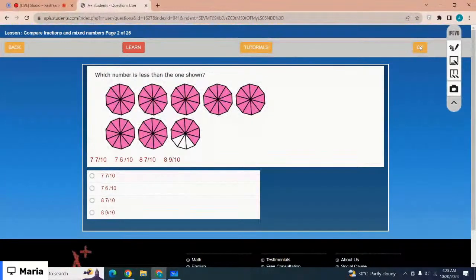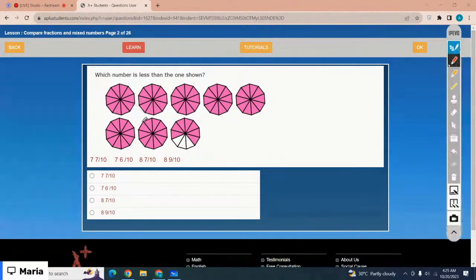Which number is less than the one shown? So the number shown is 1, 2, 3, 4, 5, 6, 7. 7 whole. 7 whole 7 over 10.